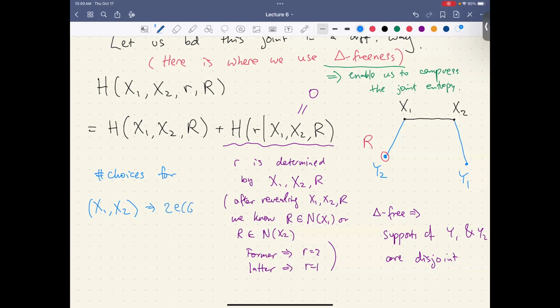2 times the number of edges. It's ordered, or labeled, edges. And the choices for R is at most n.